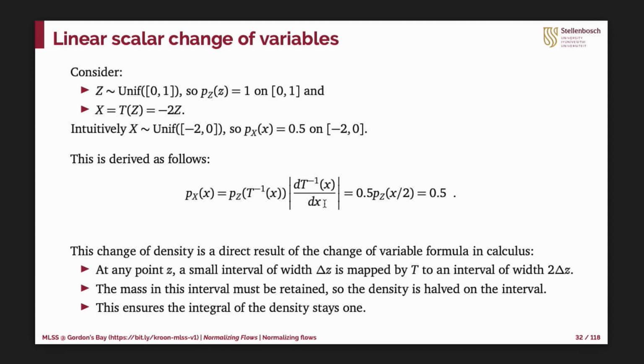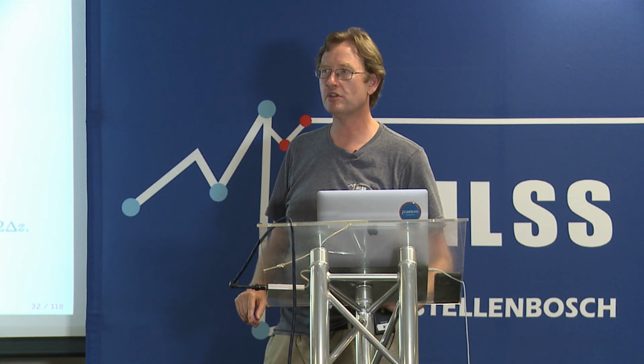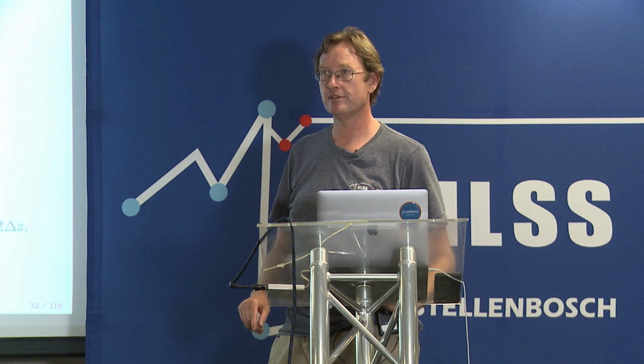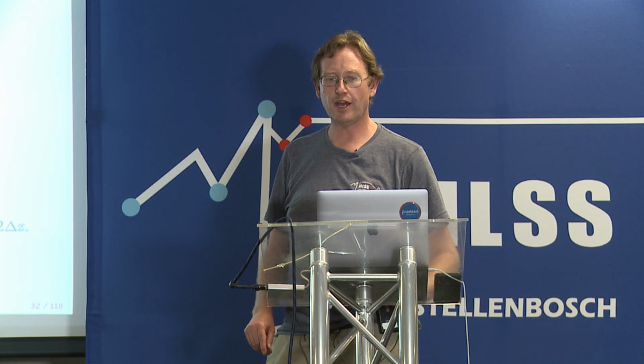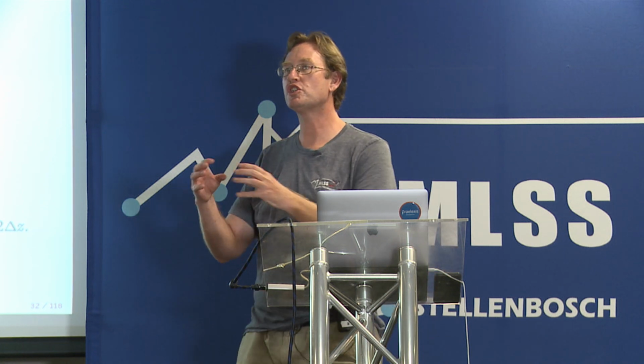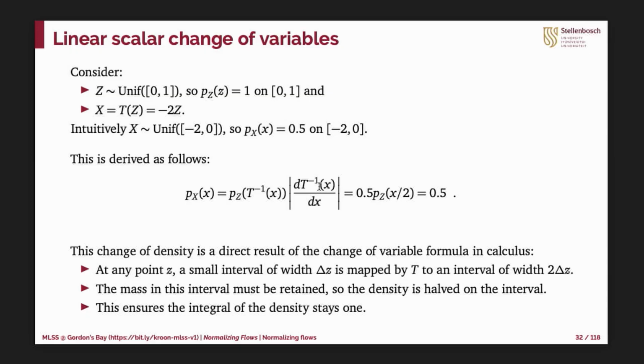Okay. When we have got a function that is not linear, then you should be aware that this thing is not going to be constant anymore, right? So we're going to need to deal with situations where that isn't constant, but we're going to use the same idea, okay? That the density of x is the density under z of the inverse, modified by an extra factor that takes into account how much we are stretching the mass in that location.